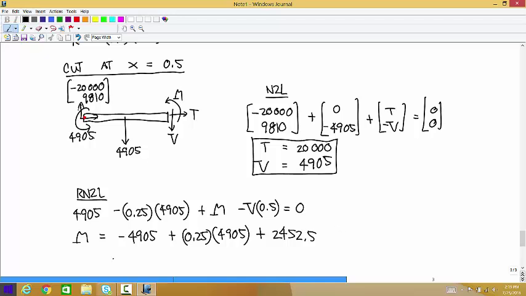And so what do you get for M? 1226. I've seen that number before. And that's newton meters. These are newtons.